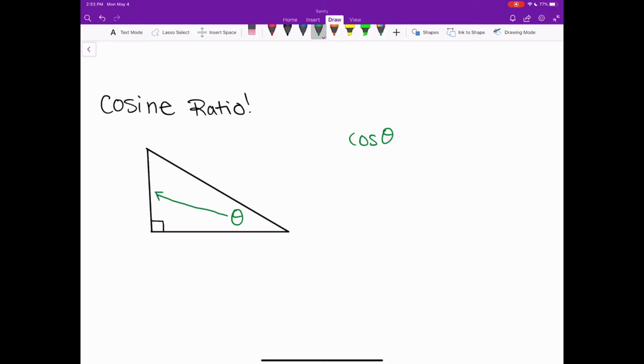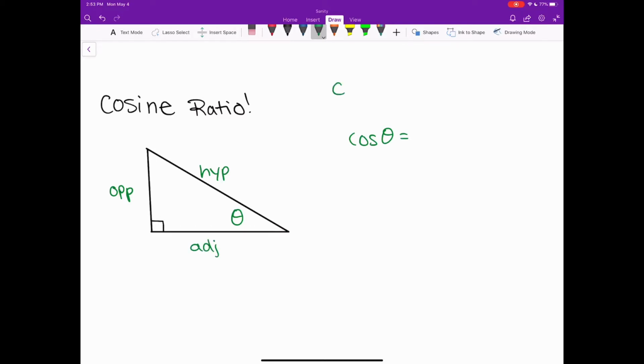If you're taking this angle as your reference angle, this side over here would be the opposite. Your hypotenuse is the side that is opposite of the right angle. And then the adjacent side is the side that is next to the angle that is not the hypotenuse. So this last one down here is your adjacent side.